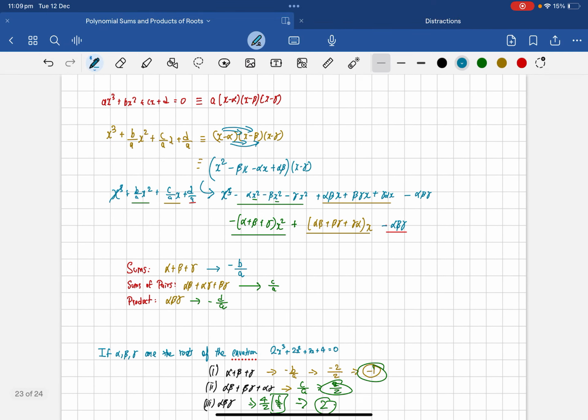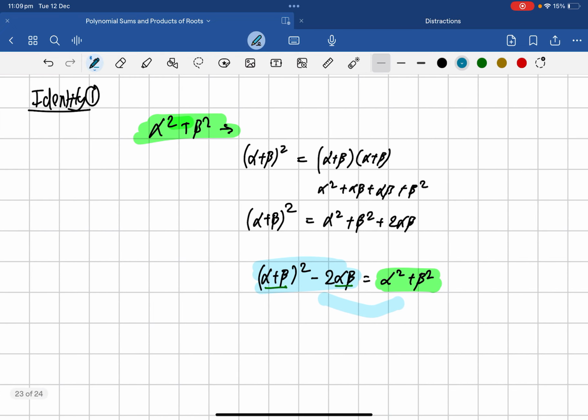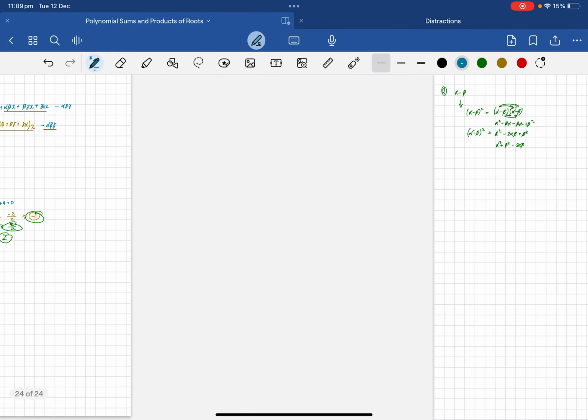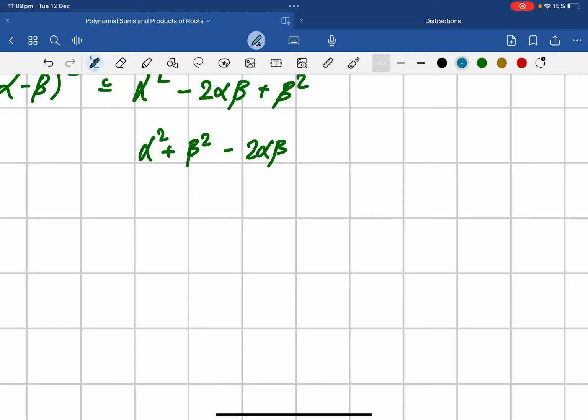Wait, I remember it somewhere. Yes, you do, because that is the identity number 1. That is what you just figured out here. So what did you figure out here? Well, you figured out that alpha squared plus beta squared is nothing but alpha plus beta whole squared minus 2 alpha beta.